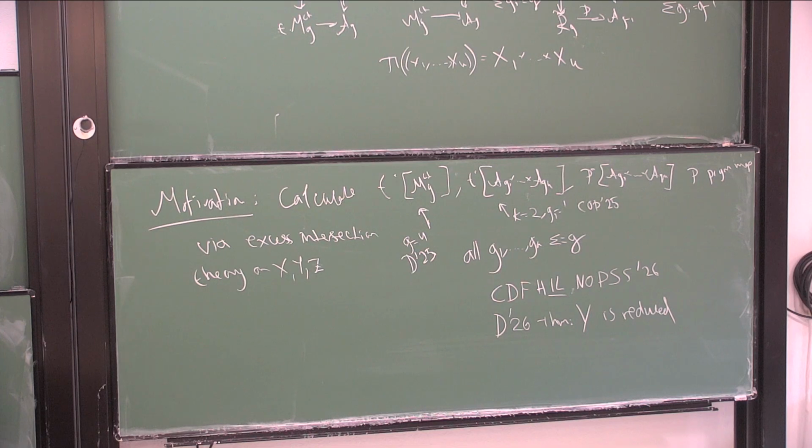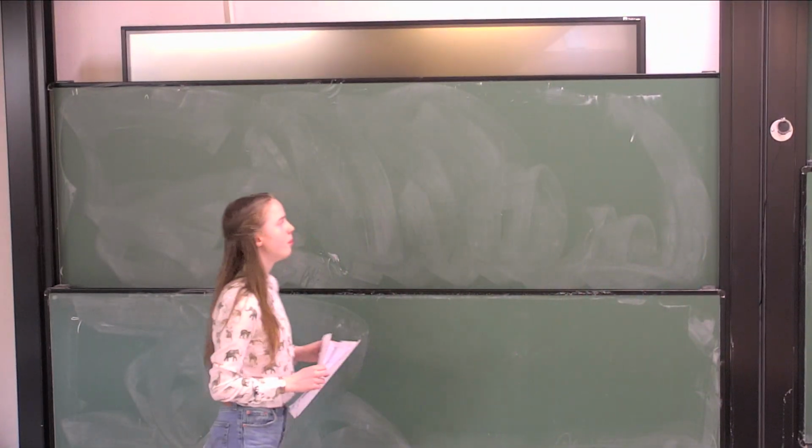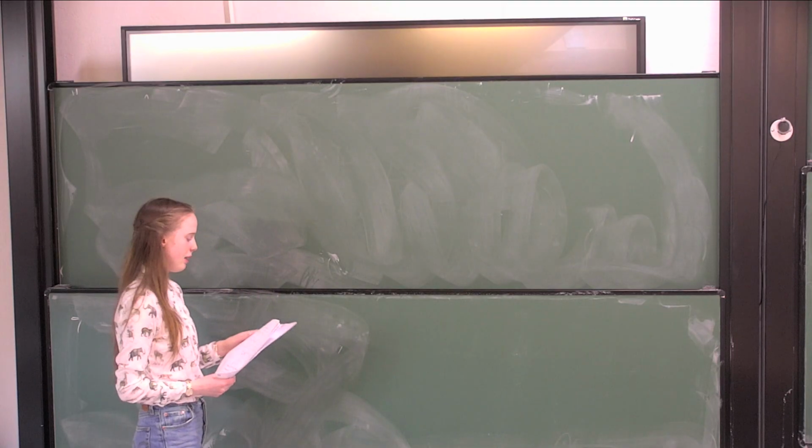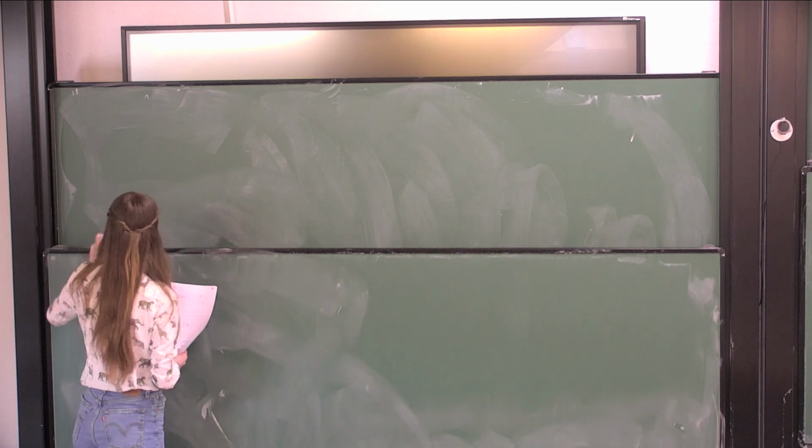Okay, so the strategy for finding these scheme structures in A, B, and C will be to describe the Torelli map and the pre-map and the product map in local coordinates.